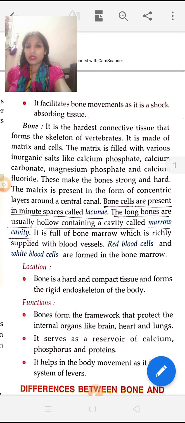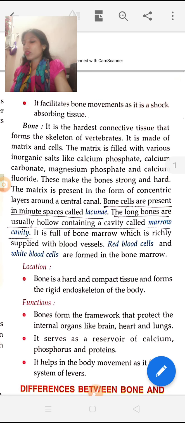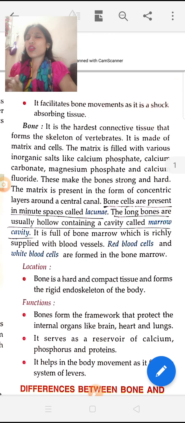Bones are the hardest connective tissue that forms the skeleton of the vertebrates. It is made up of matrix and cells, and the matrix is filled with various inorganic salts like calcium phosphate. Bones are known as the hardest connective tissue. Why are these called the hardest connective tissue?